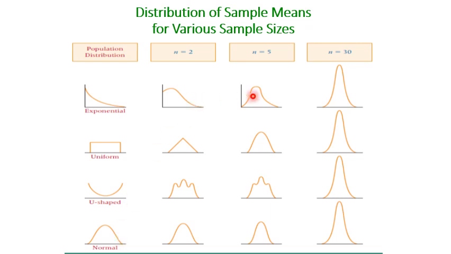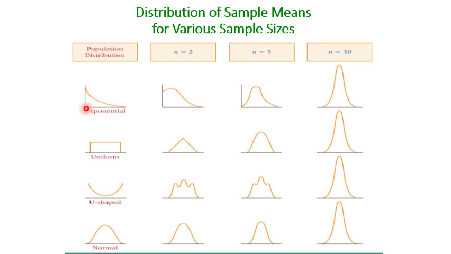The second, third and fourth columns of this figure show the sampling distribution of x bar when you are sampling from the population. In the second column, samples are of size 2. In the third column we are taking samples of size 5, and in the fourth column we are taking samples of size 30. Let's take the first case, when we are sampling from a population that has an exponential distribution.